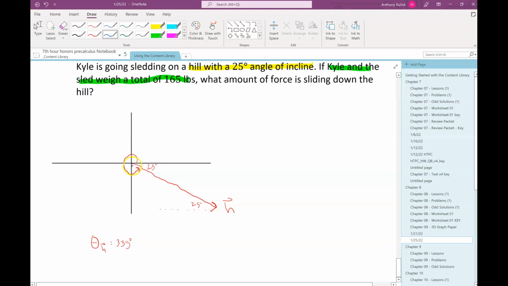Yeah. So I'm going to make my other vector here. I'll call that G for gravity. So my gravity vector has magnitude of 165, and the direction for that vector should be 270.